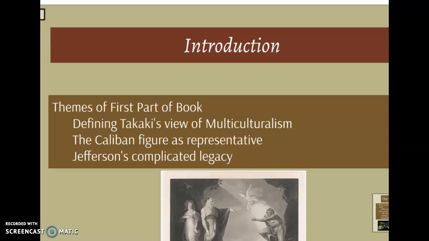And so, in some ways, it's trying to be faithful to Takaki's view of multiculturalism. I know that, for some reason, can be a very volatile term, even for both the political right and political left. Especially recently, that term has come under some criticism.